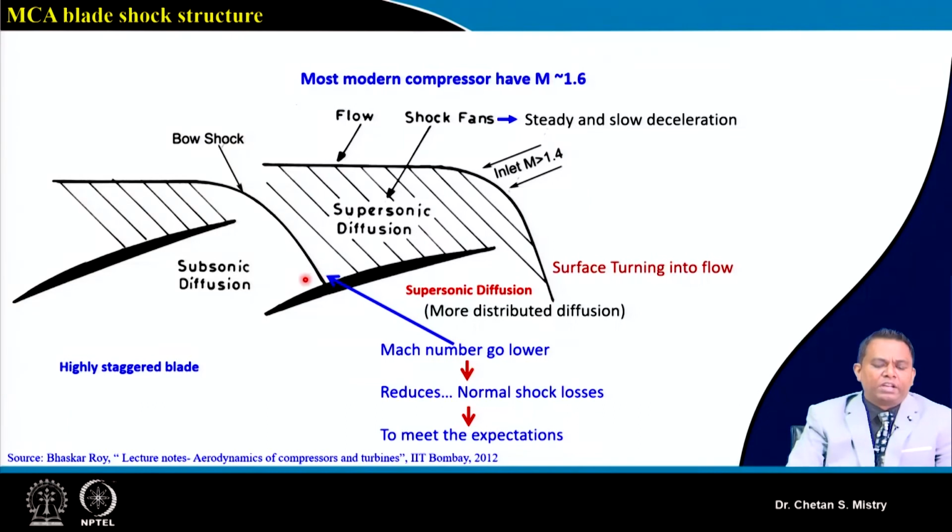There is a sudden jump of pressure, and because of adverse pressure gradient it may be possible that my flow will get separated from that region, but because we have that more away from my leading edge, towards the trailing edge, these losses go low. We can say this is not jump diffusion; this is a more distributed diffusion happening on my blade.